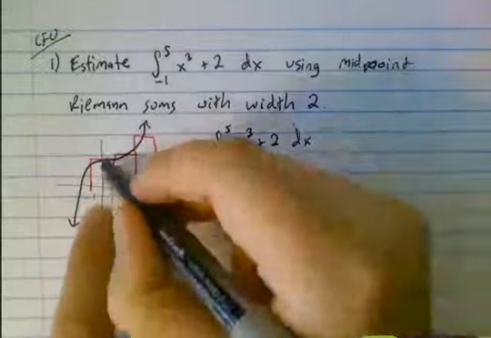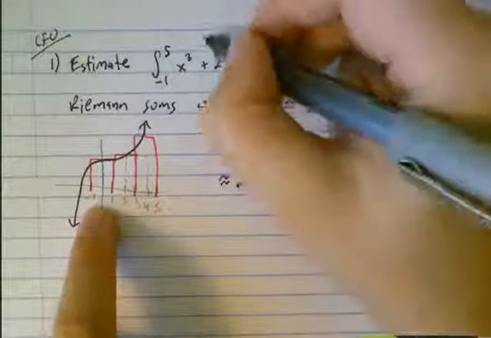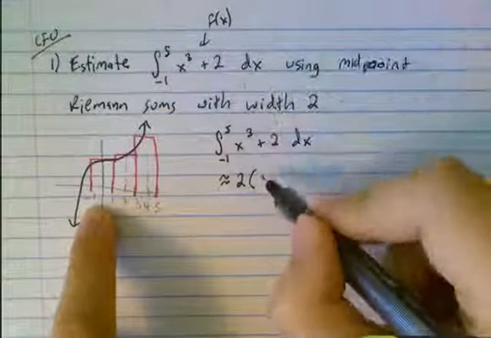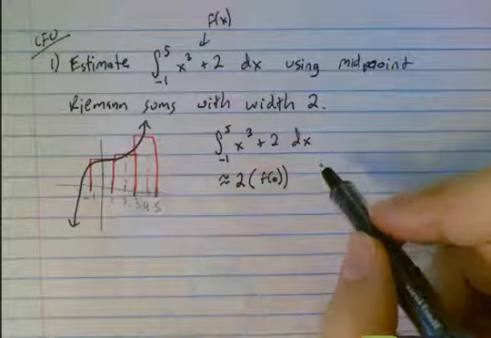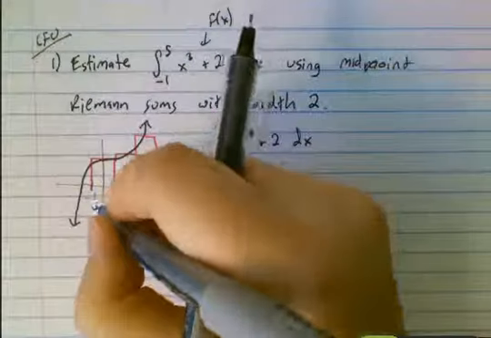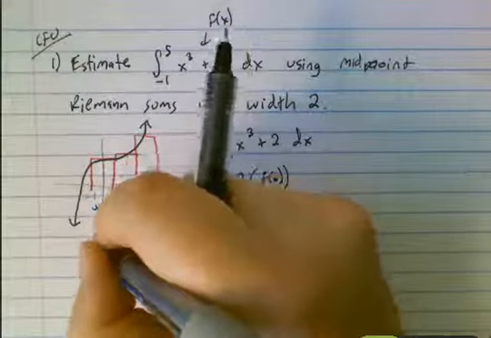Then this height is going to be f of 0. Let's call this f of x. Where we're getting that from again, this width is 2.